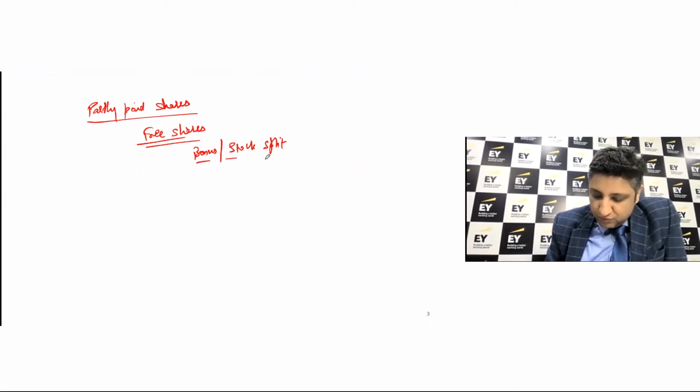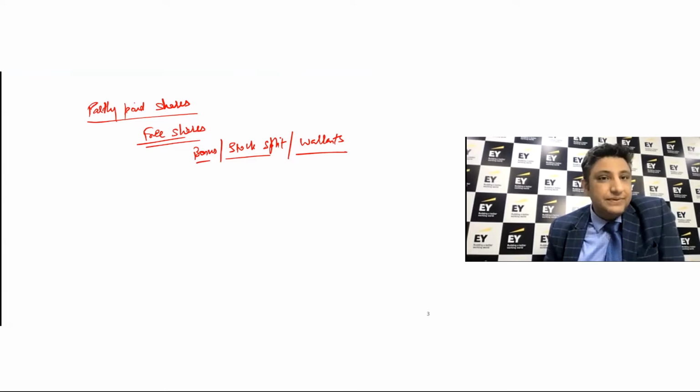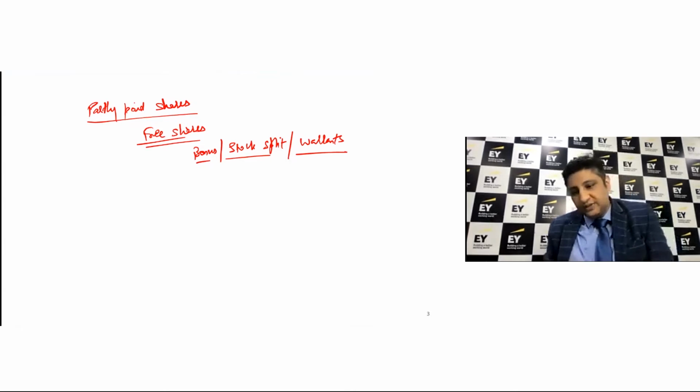What if shares are issued for free, maybe through a bonus, maybe through a stock split, maybe there is an issue of warrants, for example? So this particular standard would want us to consider all these things.